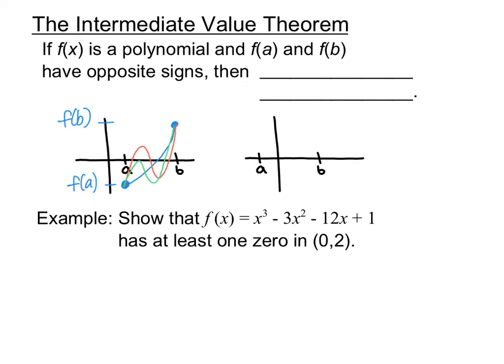The green graph touches the x-axis twice. Bottom line is this. F of x has to equal 0, which means x-intercepts, for at least 1 x in the interval a to b.